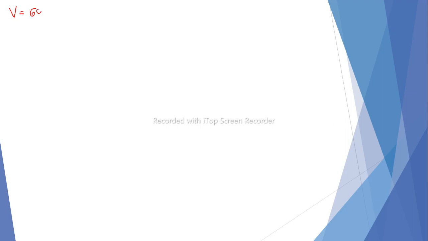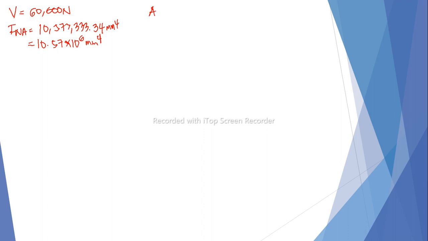We have a given 60,000 newton, and our I is equal to 10,573,333.34 millimeters to the fourth, or 10.57 times 10 to the 6 millimeters to the fourth.